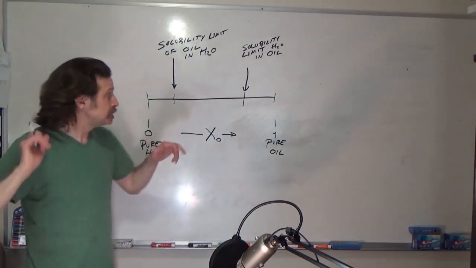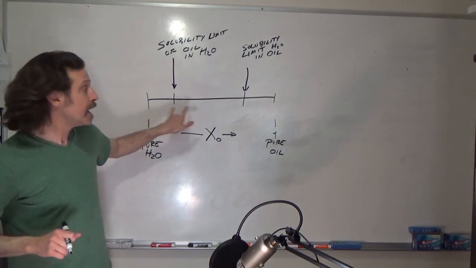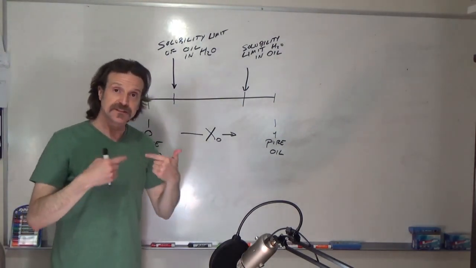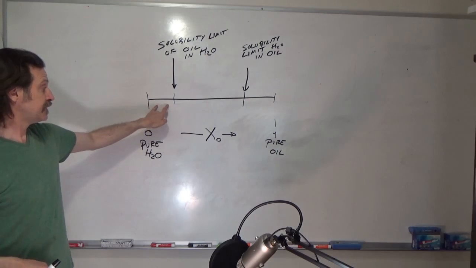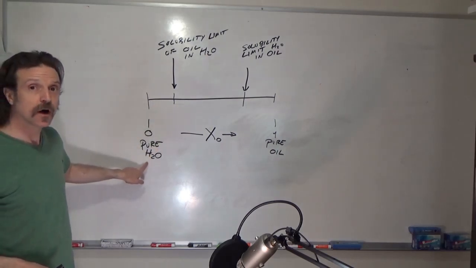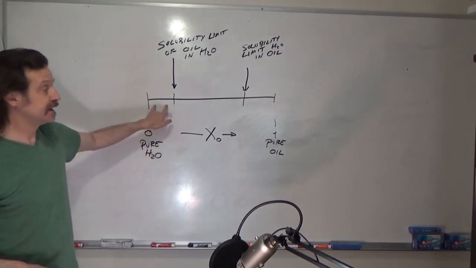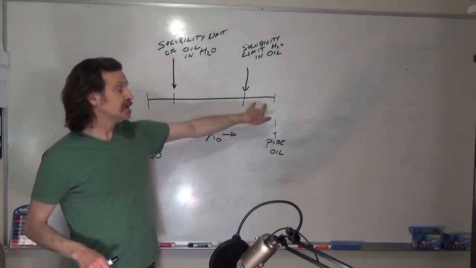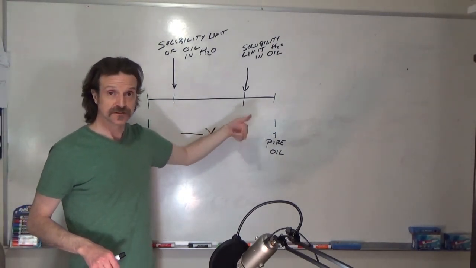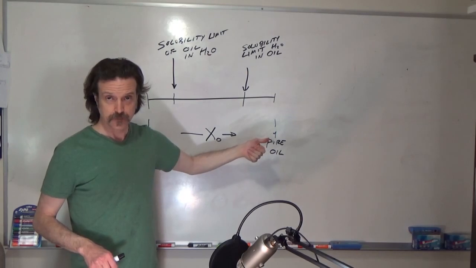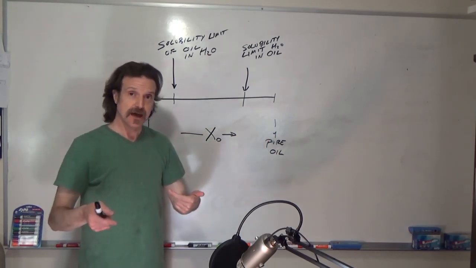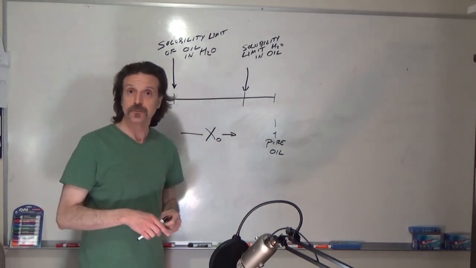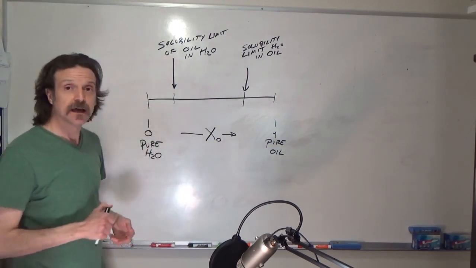So these two regions, here and here, we have a single phase. This single phase is mostly water with some oil in it. This region is mostly oil with some water in it. But it's still a single phase, as we discussed previously the definition of a phase.